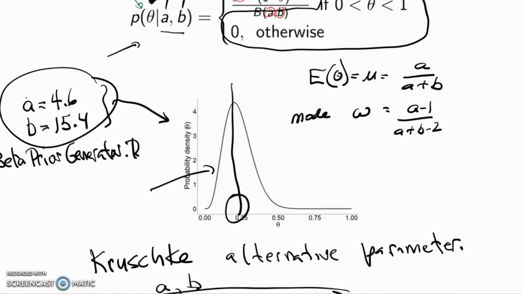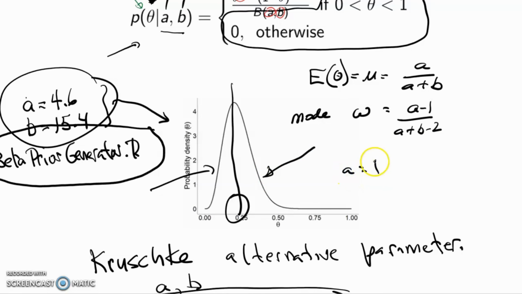And so we could plop those into Beta Prior Generator in R, and that's what we get. A beta distribution with parameters A equals 4.6 and B equals 15.4.